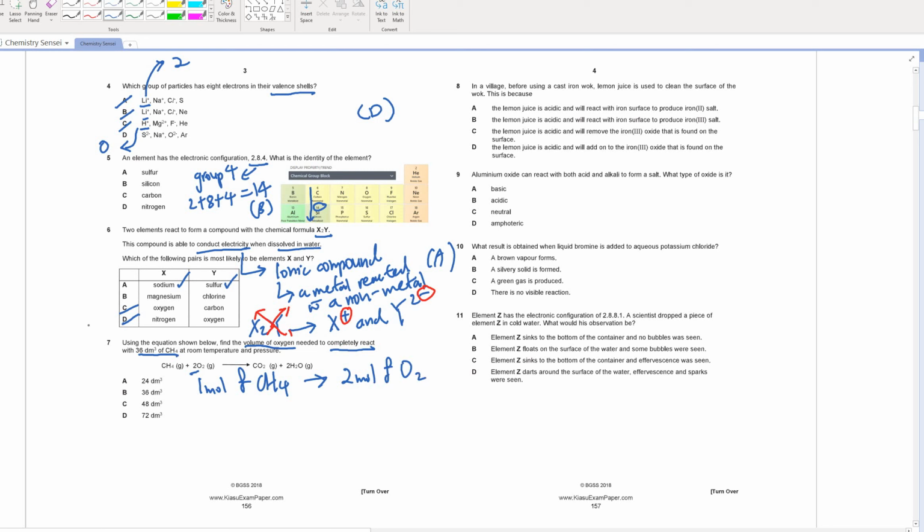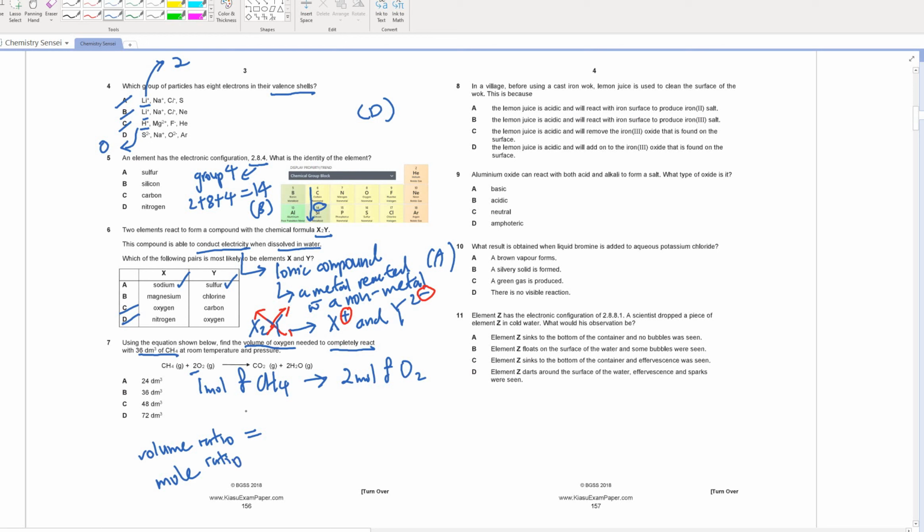Okay, so as these compounds are all in gaseous state, we can use this rule. Okay, the volume ratio is equal to the mole ratio.